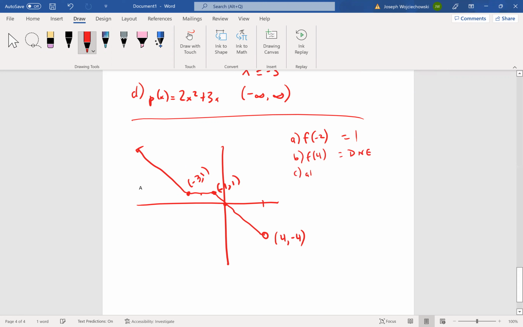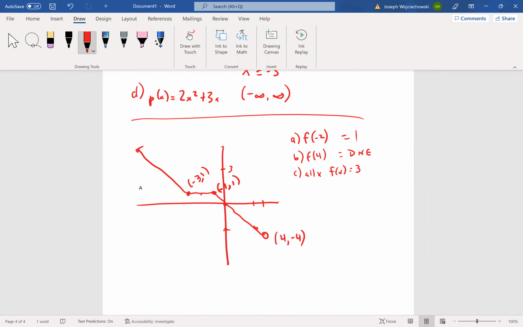Okay, find all x where f of x equals 3. There's only one right here. F of x equals 3, so that means y is 3.